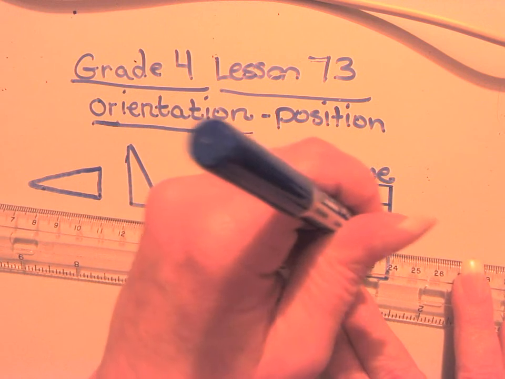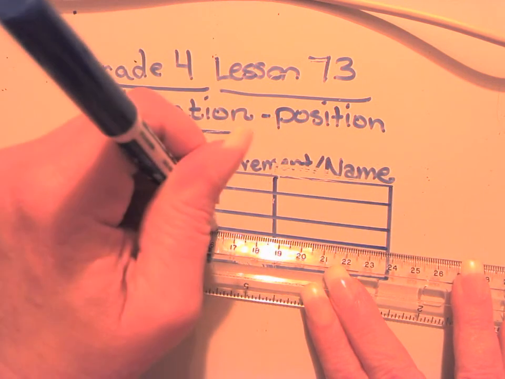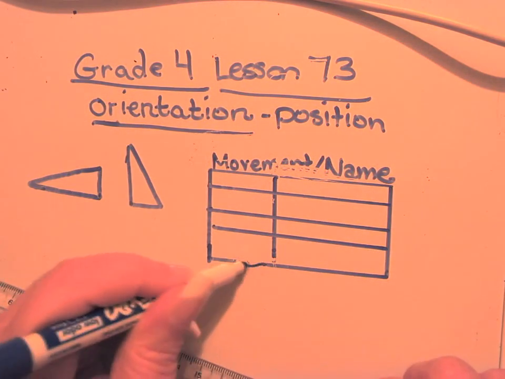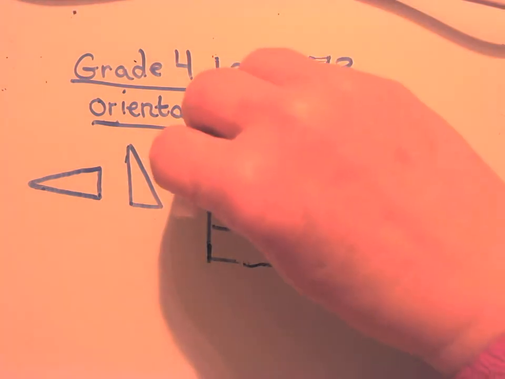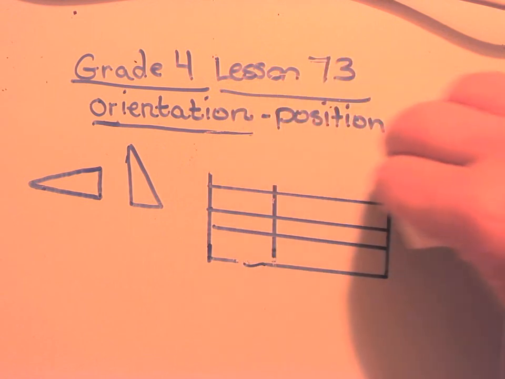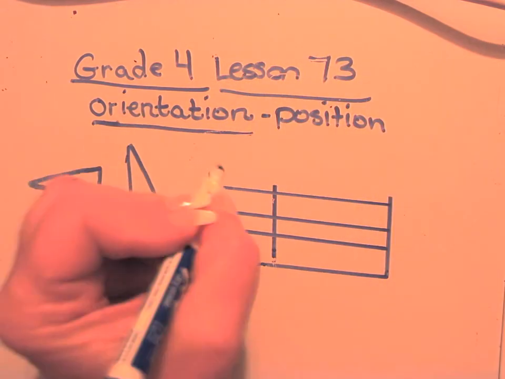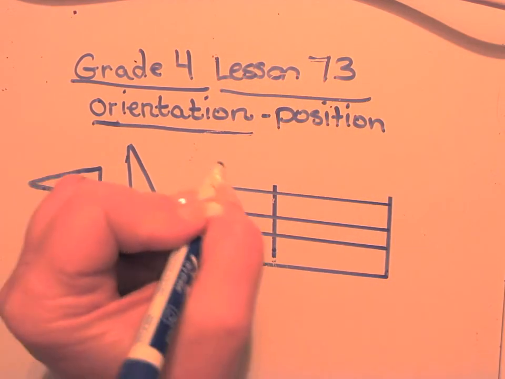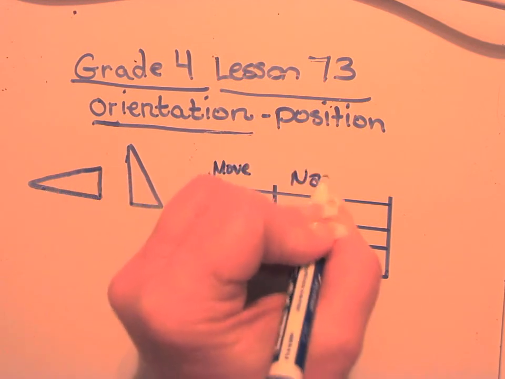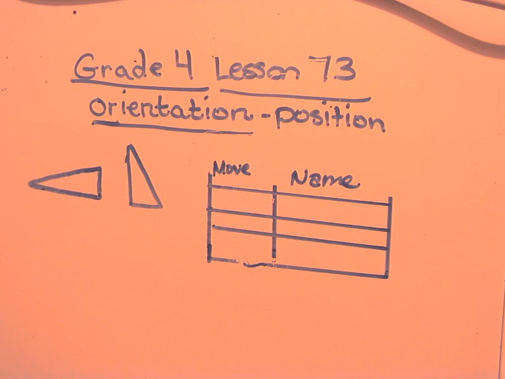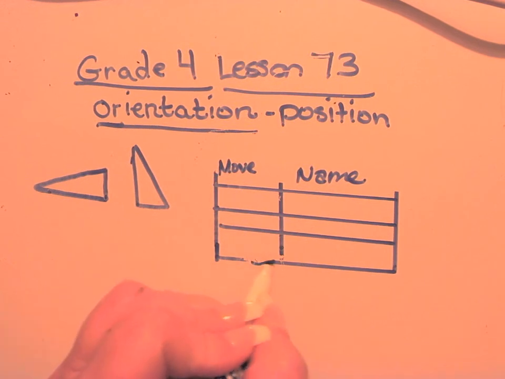There's only 3 of them, but I think we'll leave it. And I'm going to make that a little smoother in there. So this is the movement, and this is the name.